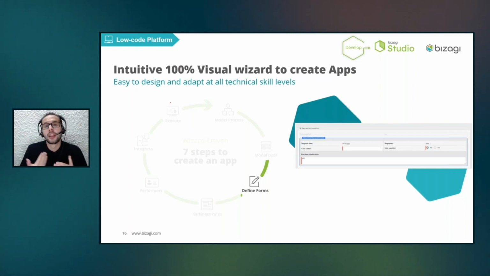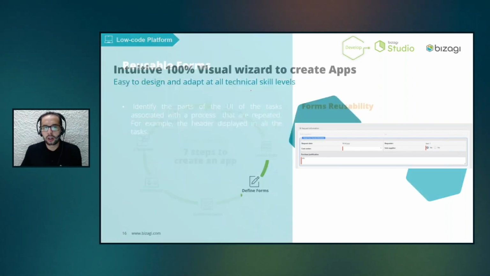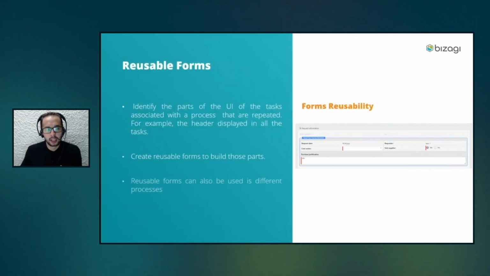Again, thinking about reduce and reuse, we have to take into account whether the forms that we're going to create are going to be one single form, or whether it will be much better for me to create reusable forms.